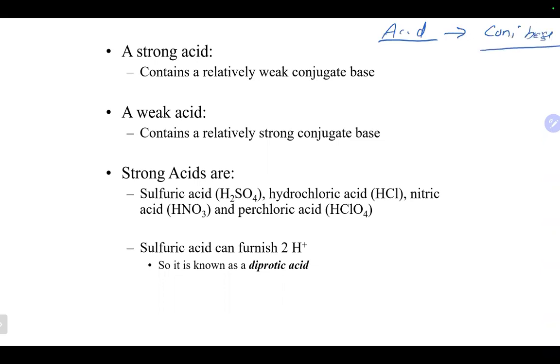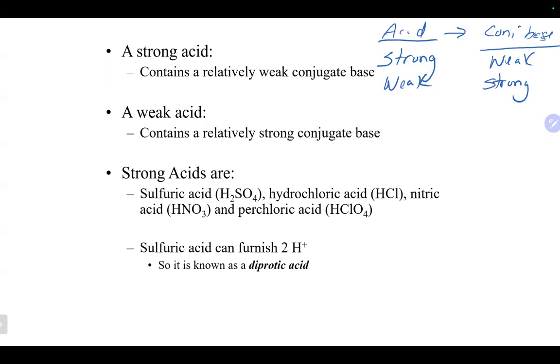There is an opposite relationship between those two. If the acid you are starting with is relatively strong, its conjugate base will be relatively weak. So there's an opposite relationship. And vice versa, if you start with a weak acid, the conjugate base will be relatively strong.